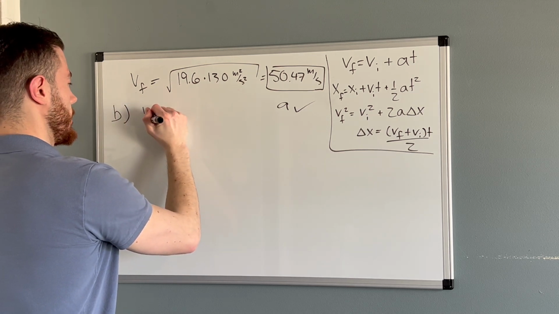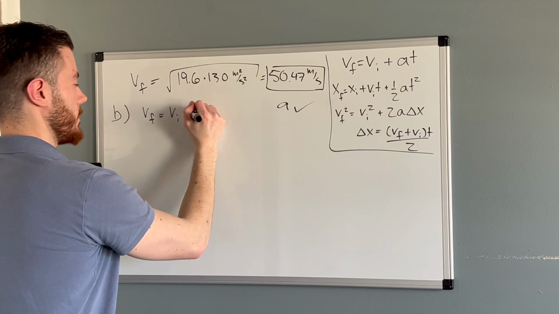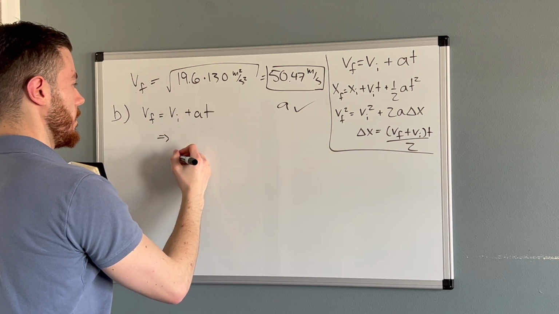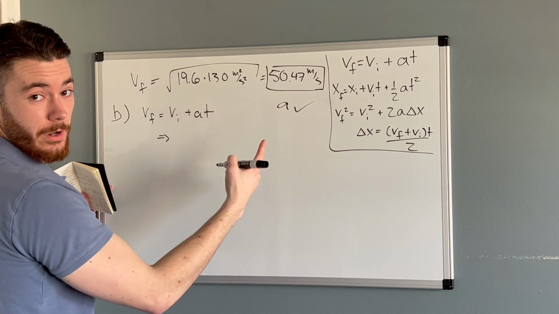The final velocity is equal to the initial velocity plus the acceleration times time. The final velocity we just calculated.